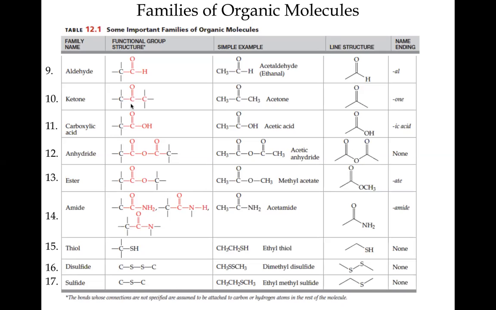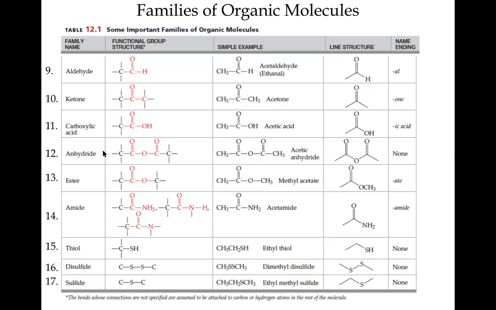Ketones are going to be, again, carbon-oxygen double bond, but instead of having a hydrogen, it has a carbon in place of it. Carboxylic acid, again, carbon-oxygen double bond with an alcohol group or a hydroxyl group at the end instead of a carbon for ketone or hydrogen for aldehyde.